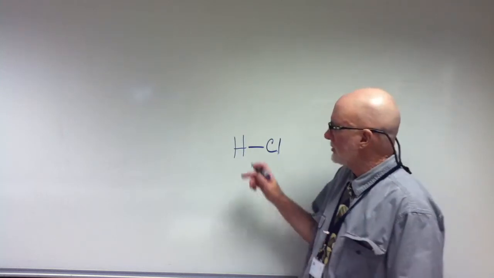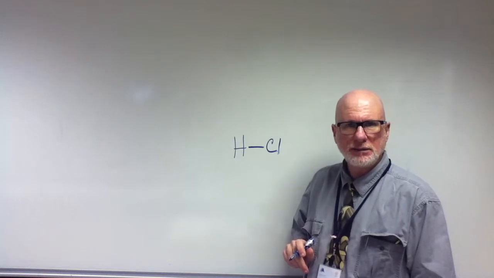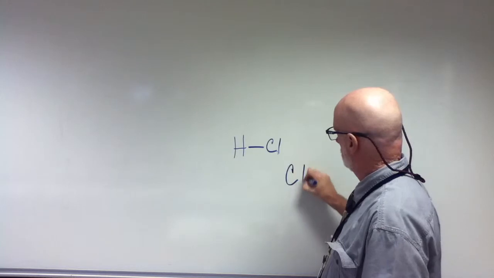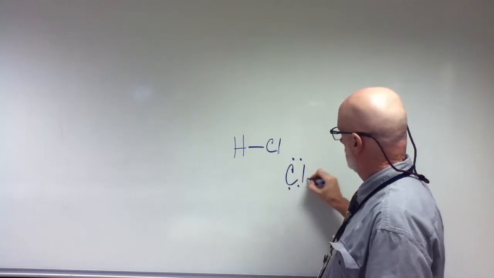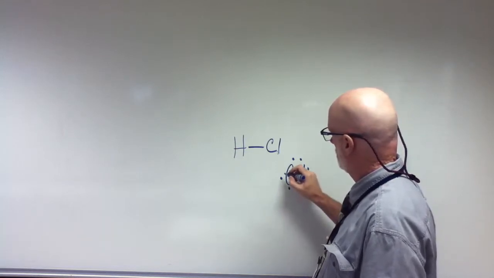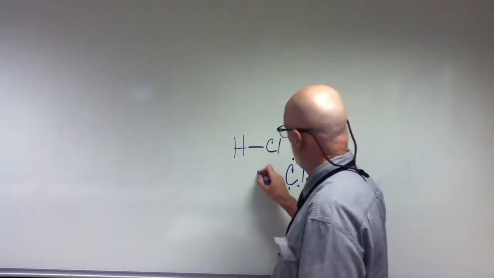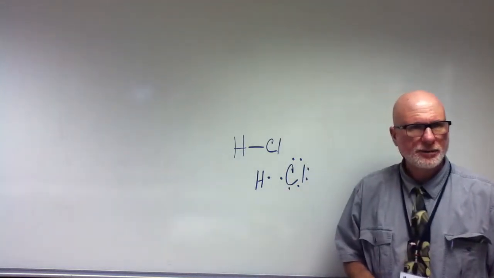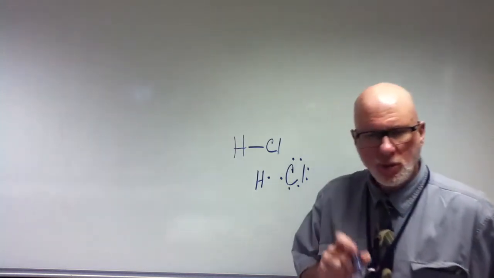Hydrogen is covalently bound to chlorine. There are 7 electrons around chlorine and 1 electron around hydrogen. Clear?